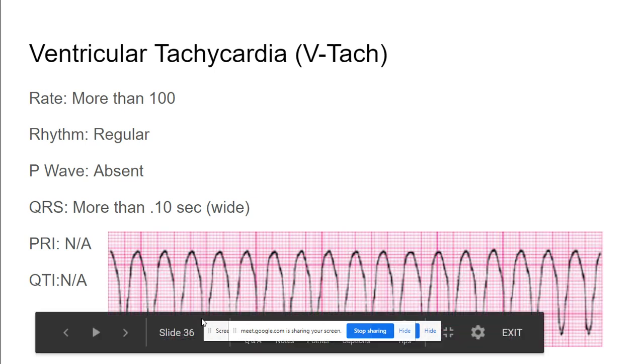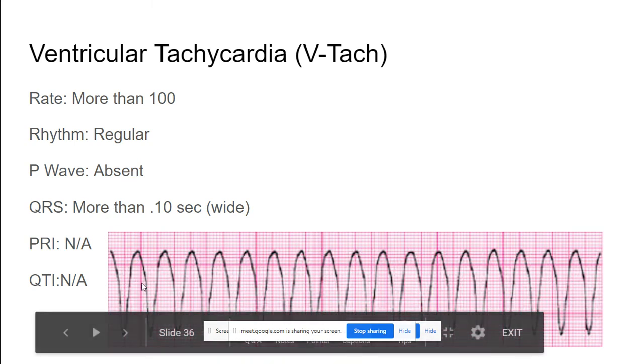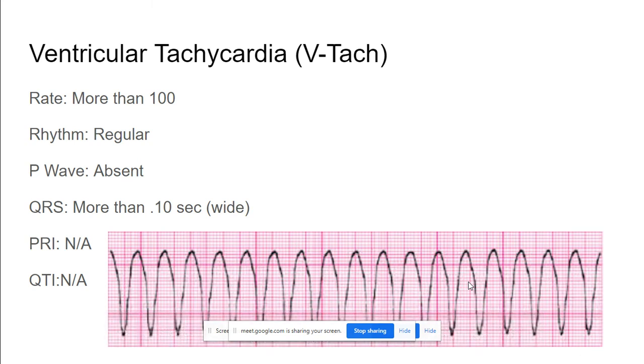VTAC looks very, very regular. It looks like sawtooth or like shark teeth to me, and you can easily count that rhythm, and it's higher than 100. Okay, the P waves are completely absent. The QRS is super, super wide in VTAC, and that one's pretty easy to recognize.